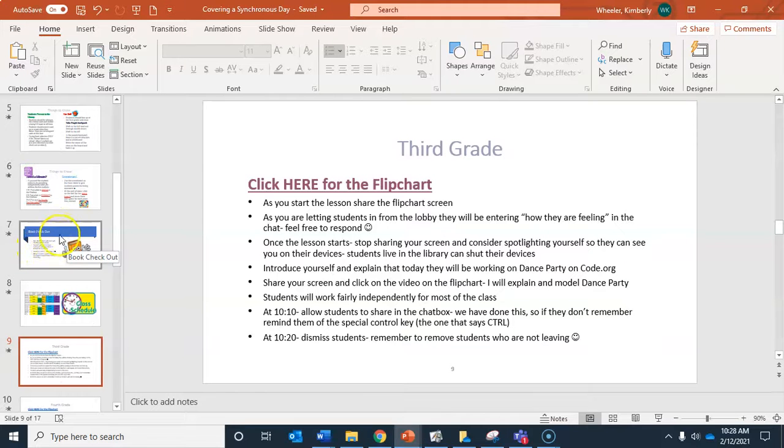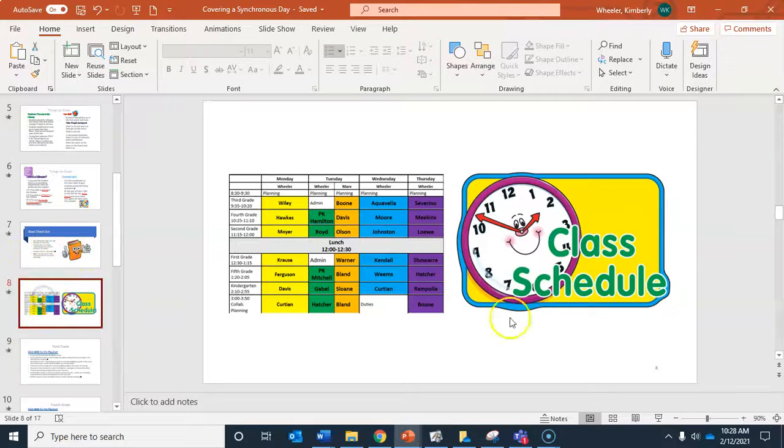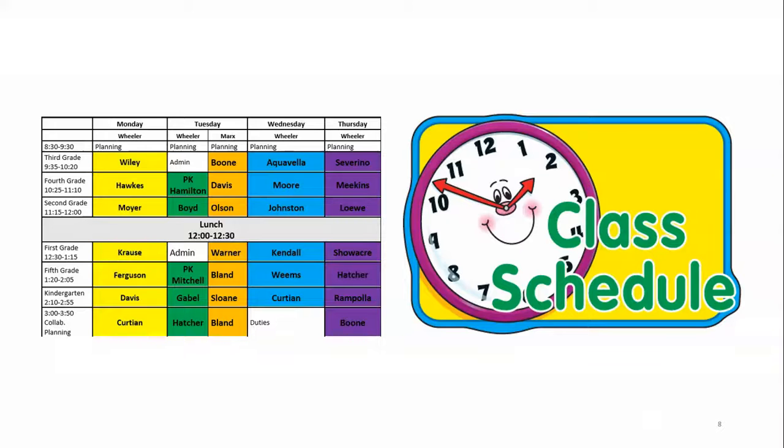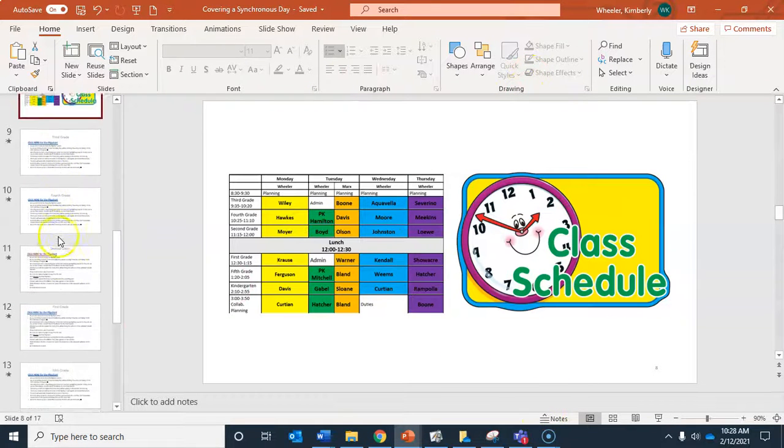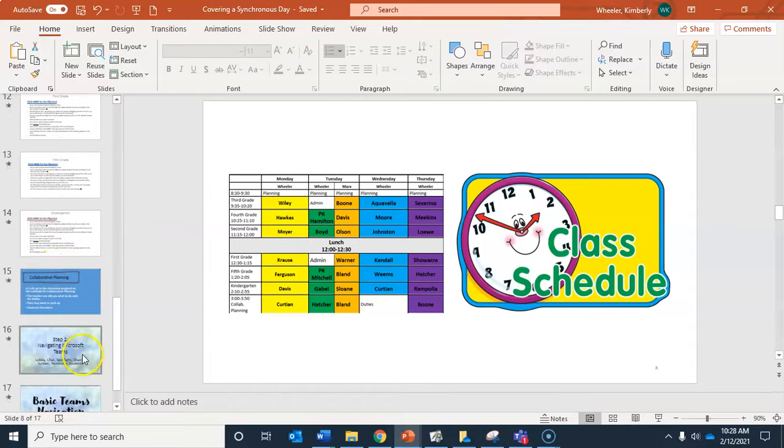If there's a PowerPoint slide that the teacher wants you to share, so maybe they want you to share the schedule for the day, and you want to make it full screen, you'll share your screen through Microsoft Teams, and then you can just push this button down here at the bottom that says slideshow, and it will make that slide big so that students can see it. When you're done making it big, I personally just push the escape key on my keyboard and it goes back to being small. That is how the PowerPoint should work with the subplans.